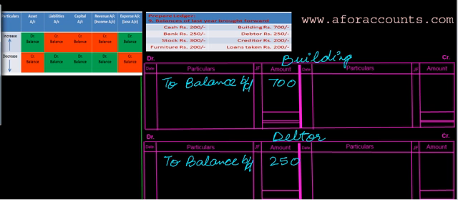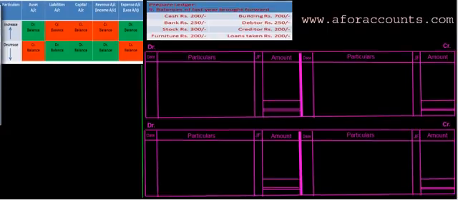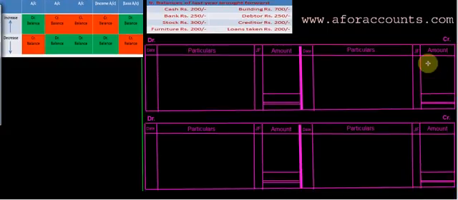What's next? Creditor. Now creditor, from whom I have purchased and I need to pay him in near future. Creditor is always my liability, having a credit balance.